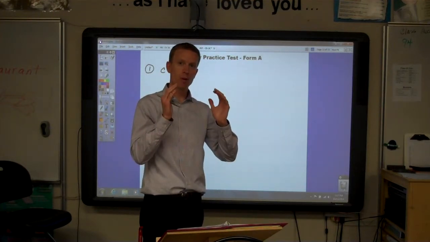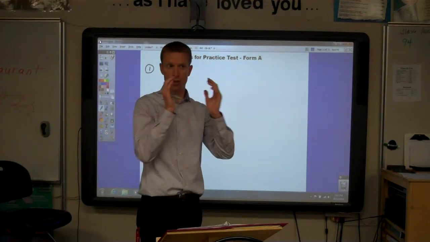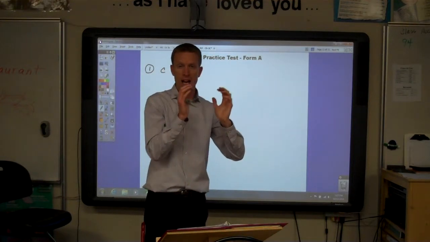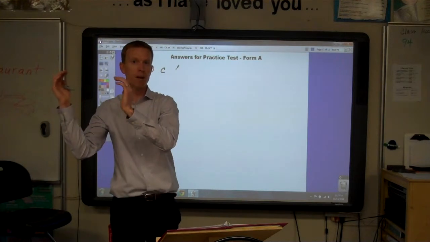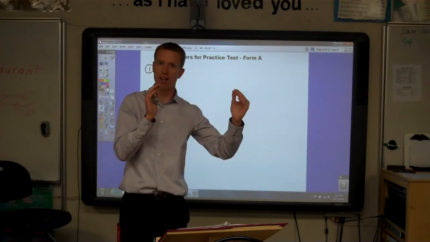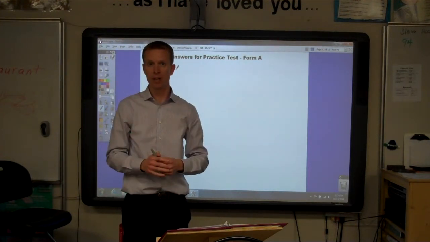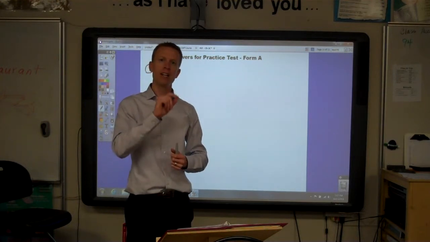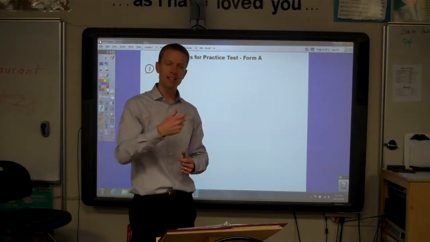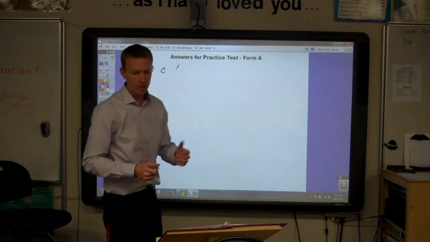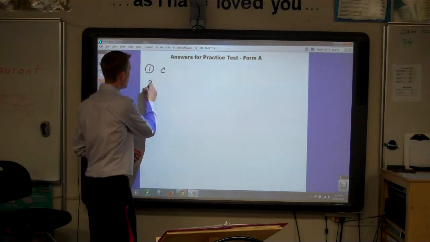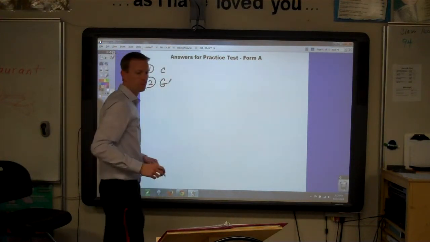Remember, the associative property is if you move the parentheses. So you're doing one operation first, and then you decide, well, I can do this operation first, and then come back to the other one. That's the associative property. And then the distributive property is where you're distributing a number, like a dealer dealing cards. So this one is G, the commutative property.